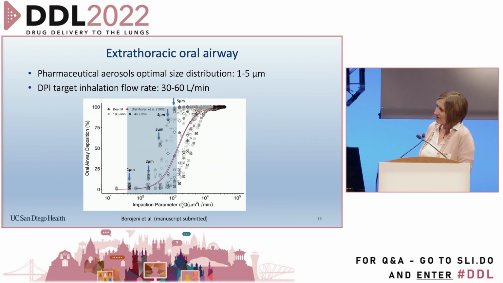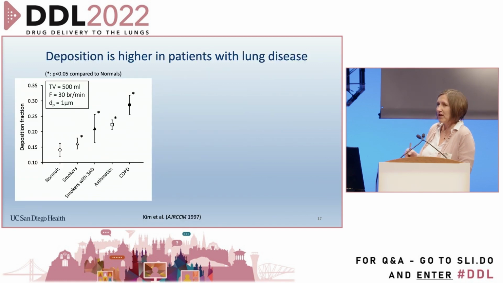So I looked at the literature for studies that have looked in a controlled fashion at deposition in patients with lung disease, and there are not that many controlled studies out there. One of them was done 25 years ago by Chung Kim at the EPA in North Carolina, where they did a very controlled study using 1 micron particles with a very controlled breathing pattern and different groups of subjects, from normals to smokers with small airway disease, asthmatics, and COPD.